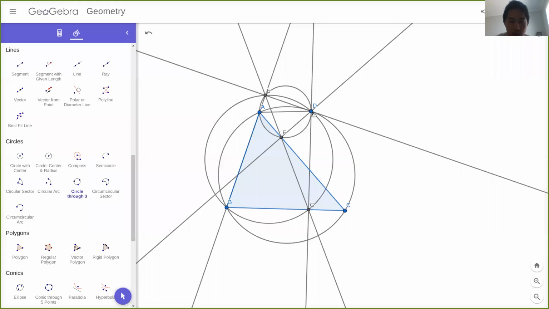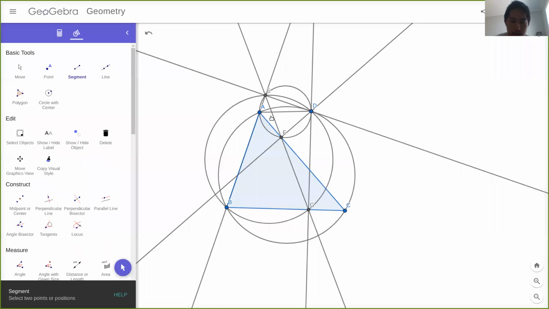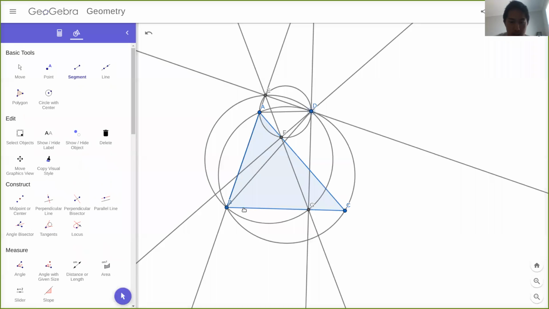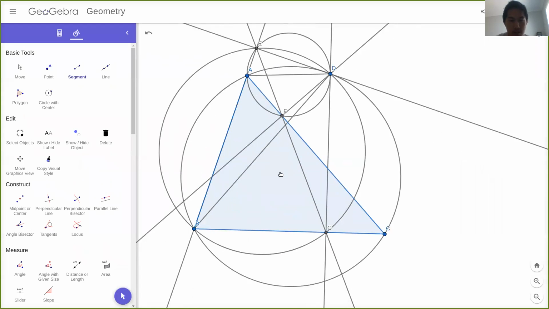So we can say that DEG is actually equal to DBG. I'll zoom in because it's getting a little cluttered, but DEG is equal to angle DBG. So we got rid of this E. Now, can we get rid of this G? Yes. Angle DBG is equal to angle DBC.